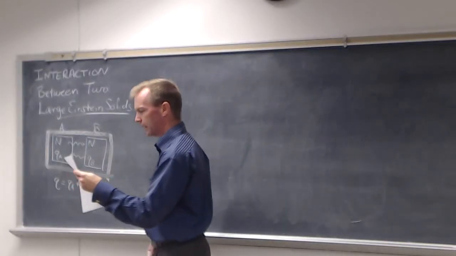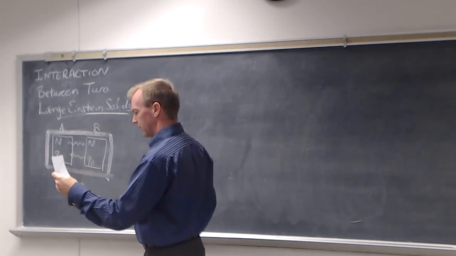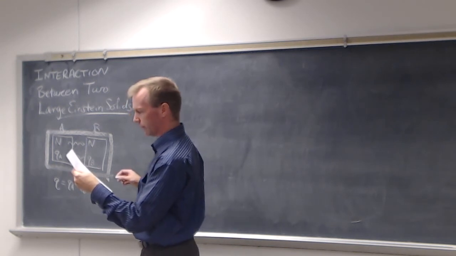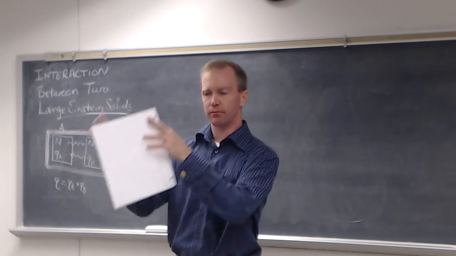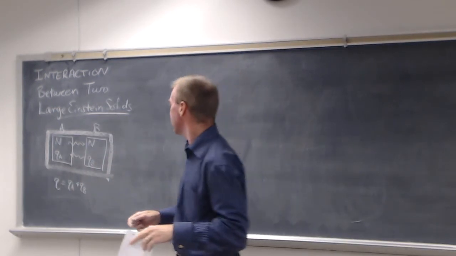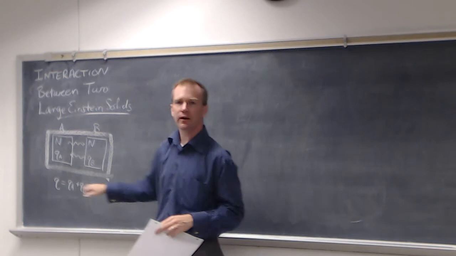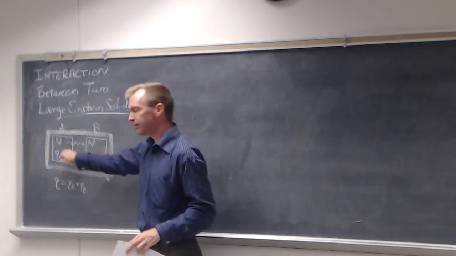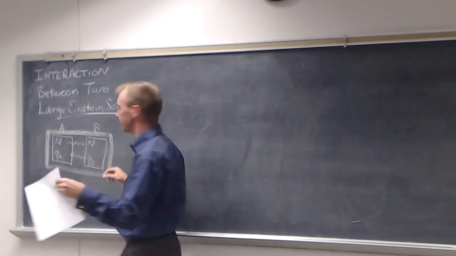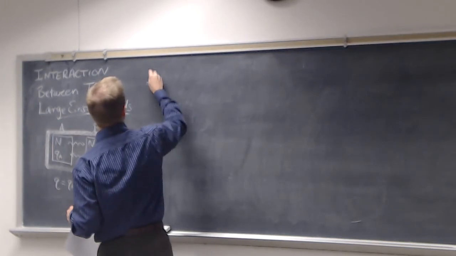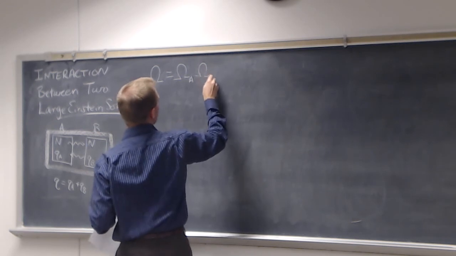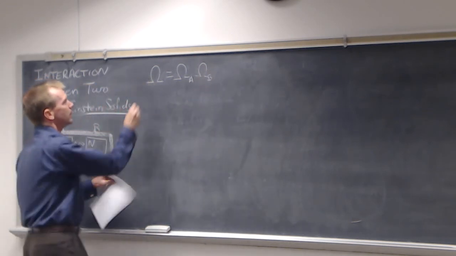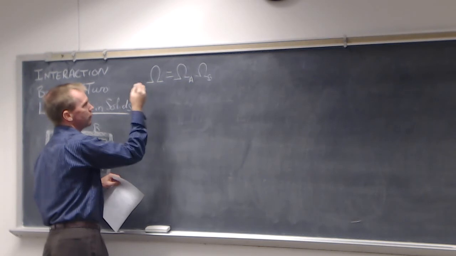Now, let's see where to start with this. Whenever we have a combined system, if you have part A and part B for the system, the multiplicity of the entire system is just the product of the multiplicity of A and the multiplicity of B. Like that. So this is for the combined system, or the total system.